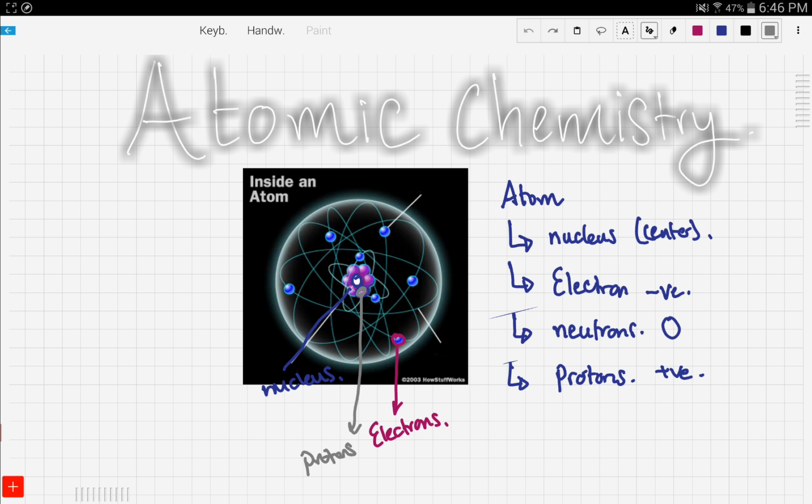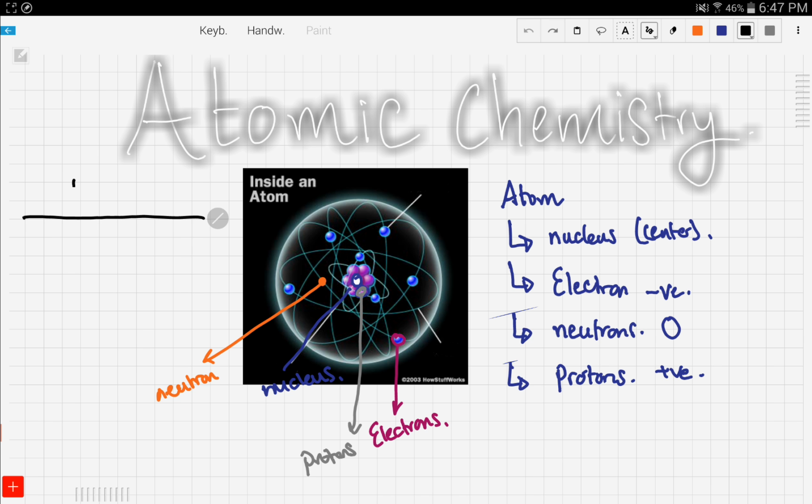And the neutrons would be somewhere here. So this would be the neutron. All of these subparticles are floating inside the atom and revolving around the center, which is the nucleus. Now let's discuss those in more detail.